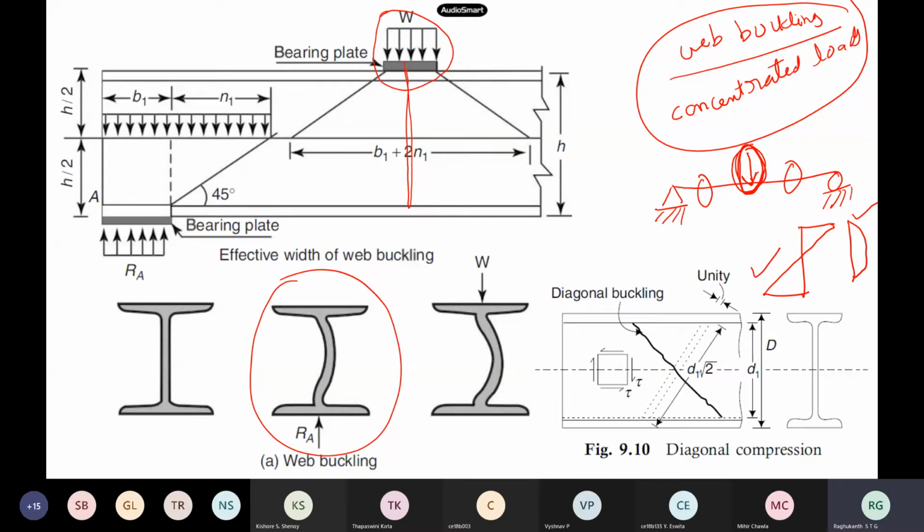Can anybody tell me, if you have a beam, say, this is my cross section of the beam, and here I have a concentrated load, how will the stress distribution be below? Will it be like this, or will it be different, just below the load?